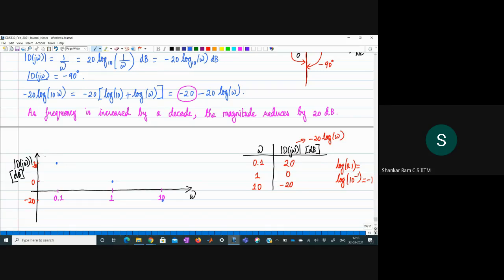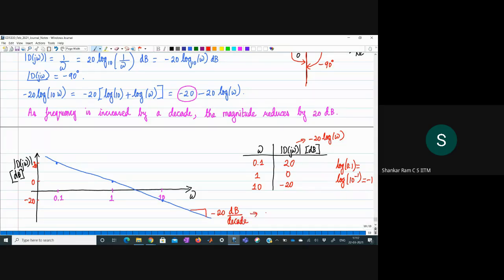We can see the magnitude plot of this factor 1 by s is going to be a straight line. I have tried to draw a straight line. In reality, it is a straight line, and its slope is going to be minus 20 decibels per decade.